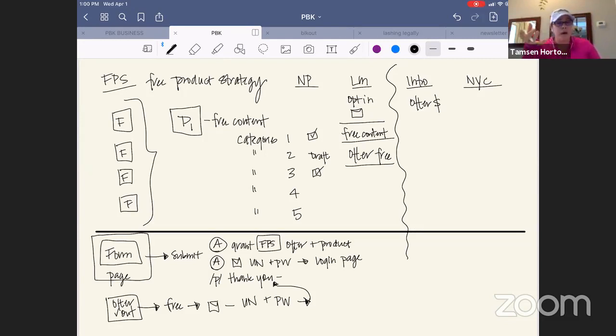So for the free product, the free Kajabi resource library, this is what I do right here. I send everybody directly to the offer checkout page because I want them to know how to operate an offer checkout page. I don't need it to be mystical, where they enter a name and email and they magically get this product in their library.